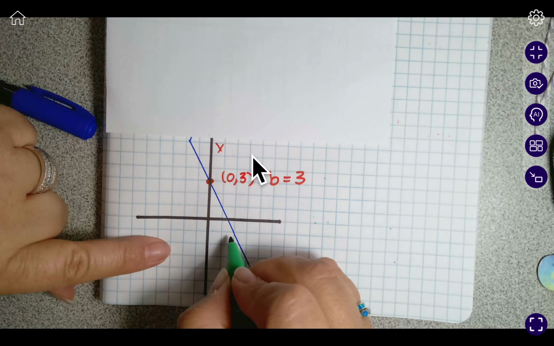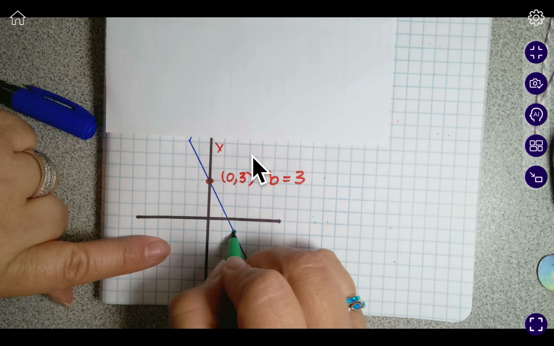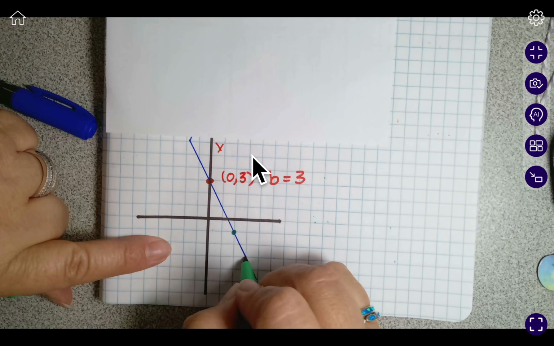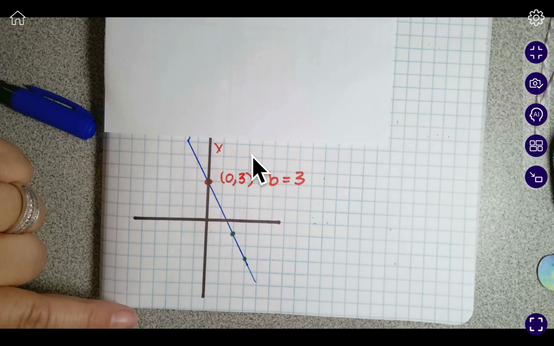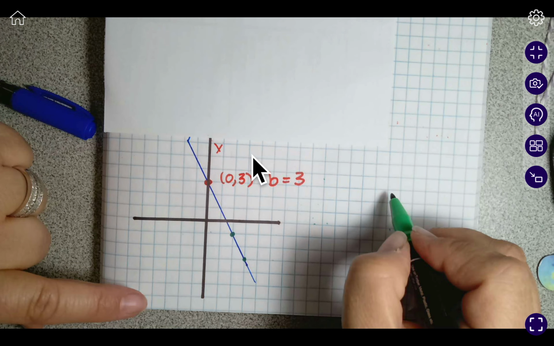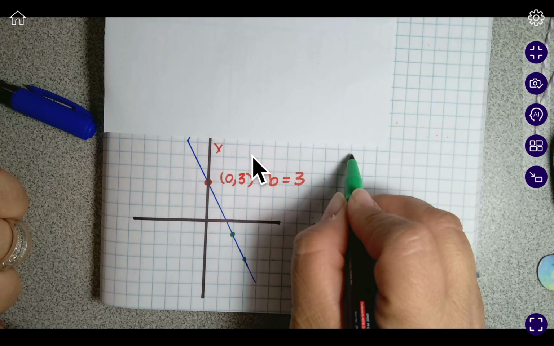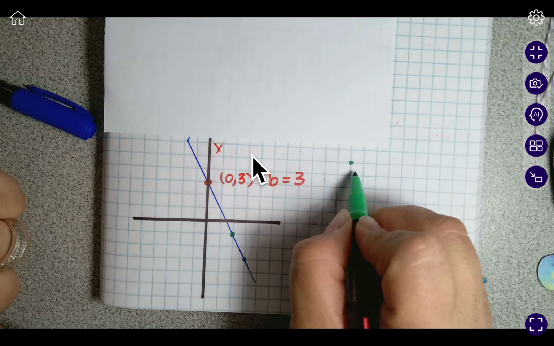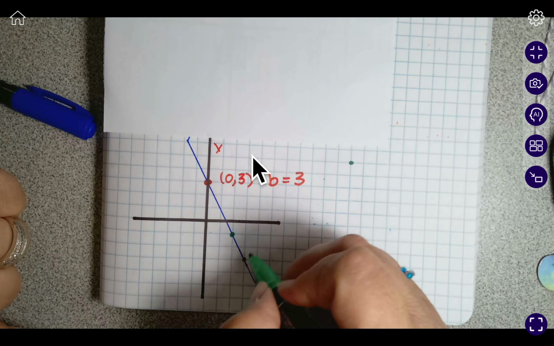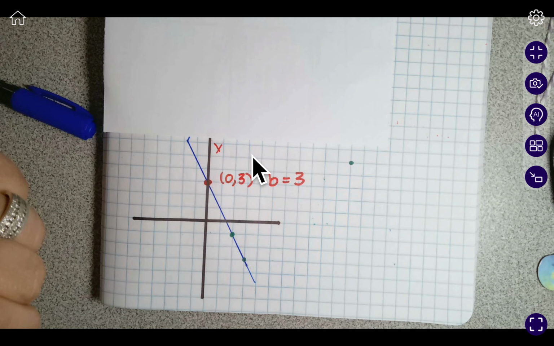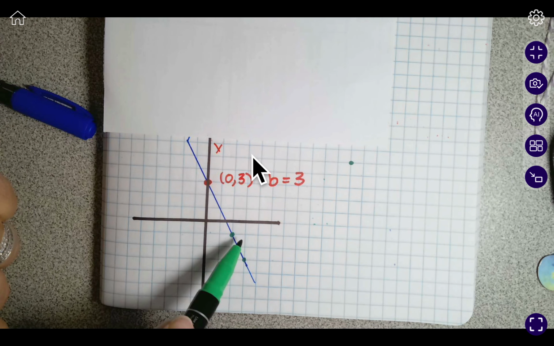I'm just going to use some points down here so it's easier to see. This one and this one. It needs to be points that cross where you see these blue lines meeting. It's got to be like that. So on the blue line, your graph has to have that.